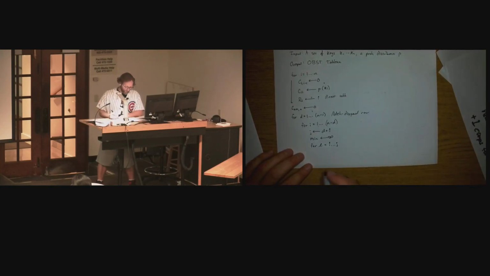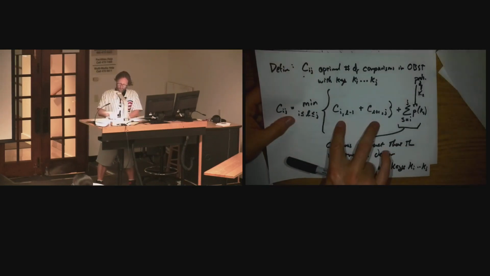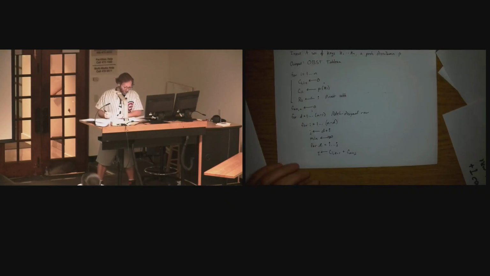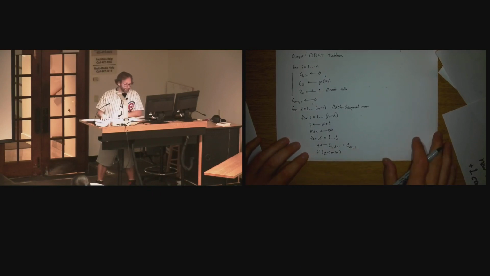Okay. So I'll compute Q, and Q doesn't stand for anything in particular. C of I up to L minus 1 plus C sub L plus 1 J. That's that thing right there. And I will compute if Q is less than min, then I need to update a few things.